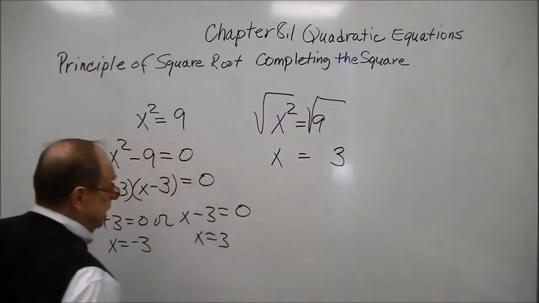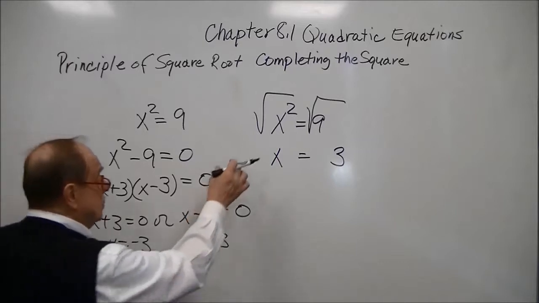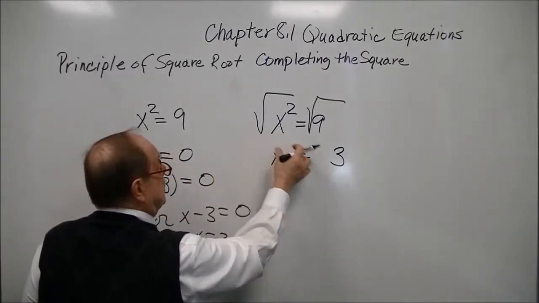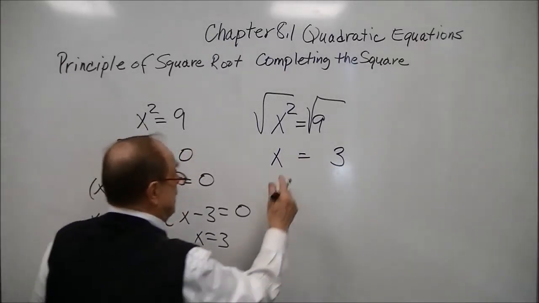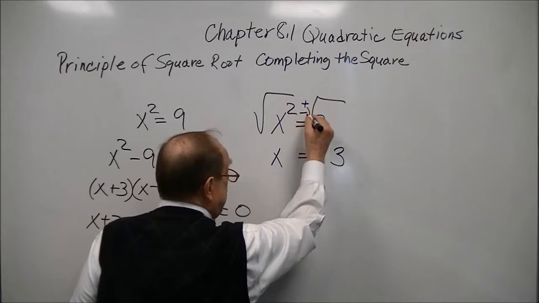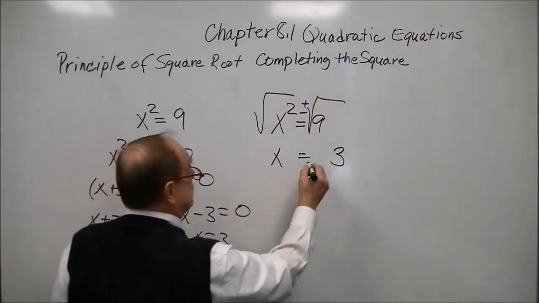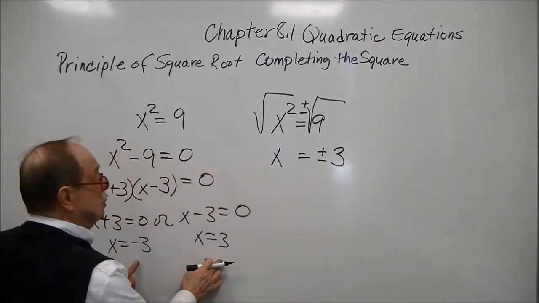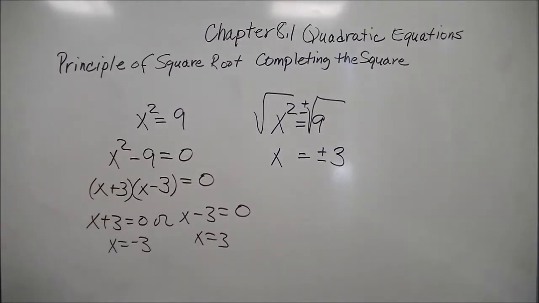So from now on, whenever we take the square root of something, in order to secure 2 answers, we have to say plus or minus the square root of 9. So this way we get plus or minus 3, ensuring that we get both answers.